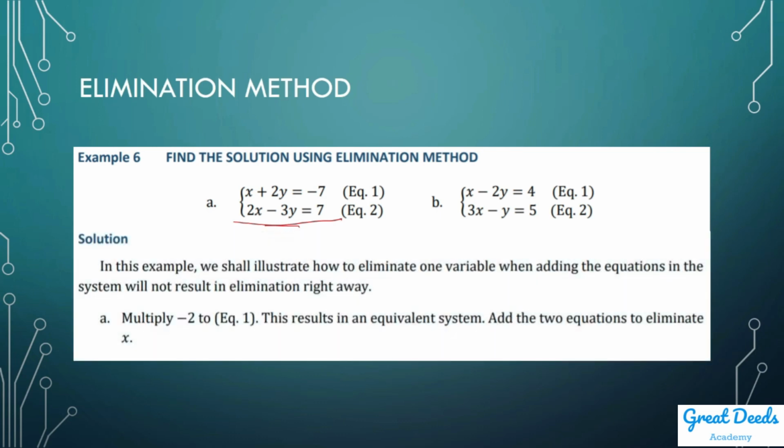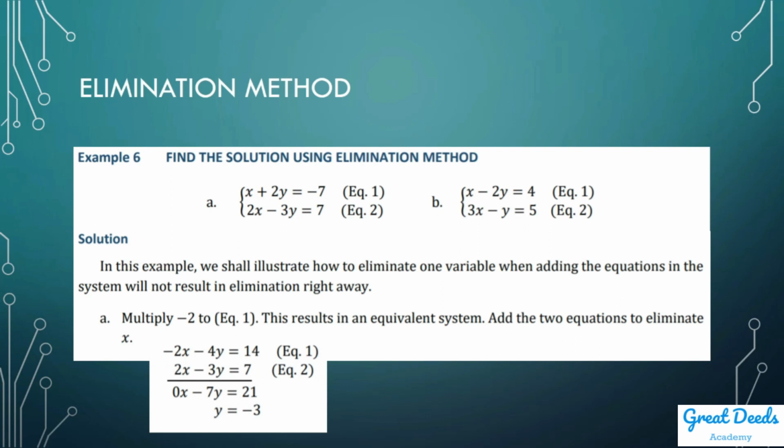What I will do is I will multiply -2 to equation 1. And if that is so, this becomes -2x. -2x plus 2x is 0. Of course, you must also multiply -2 to the other terms of your equation.